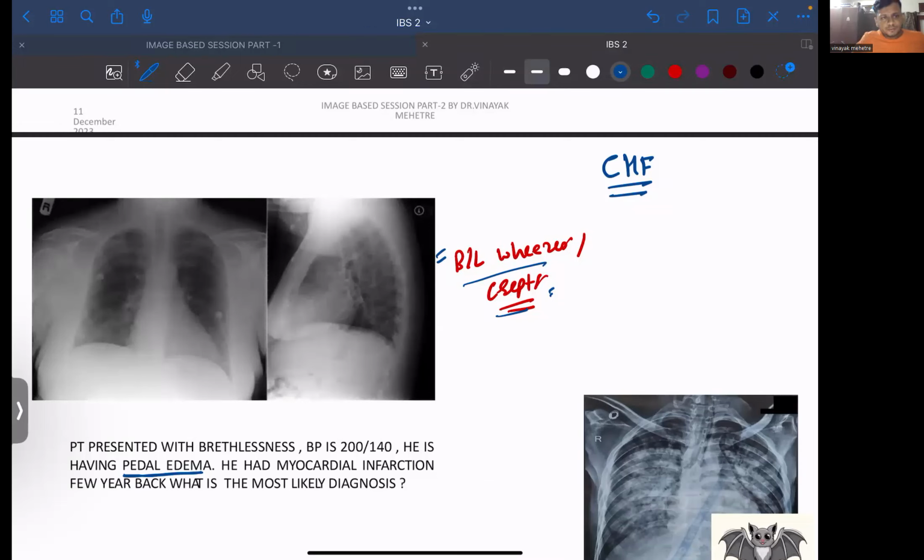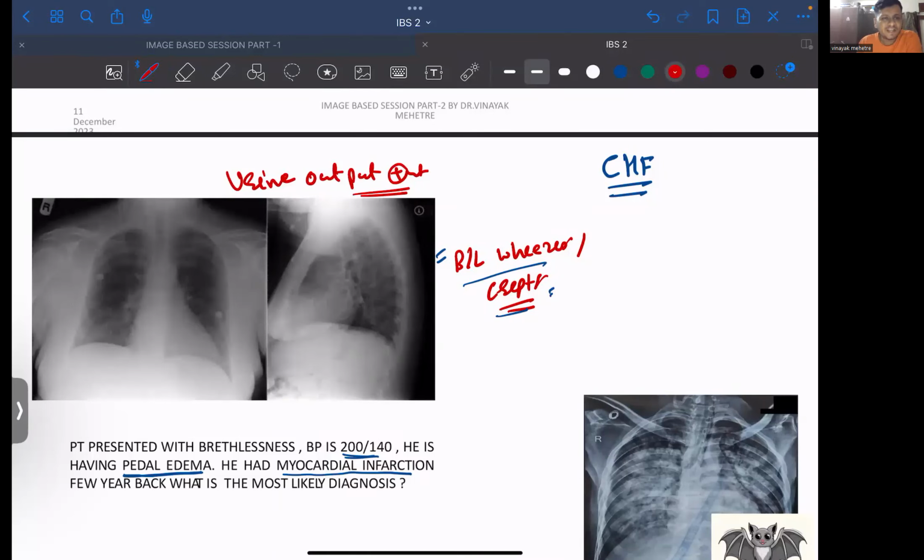So what will you give to this patient? BP is increased, there is a history of MI, and the patient has fluid overload in the lungs. Yes, they will write down urine output present. Yes, what you study and what you actually have to mark is different. Labetalol we will not give.